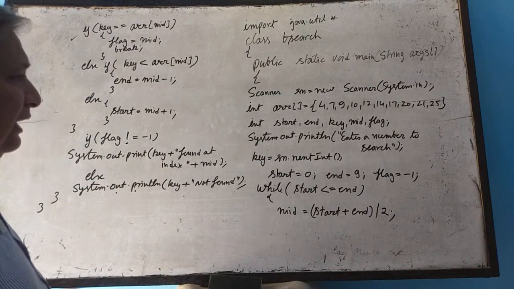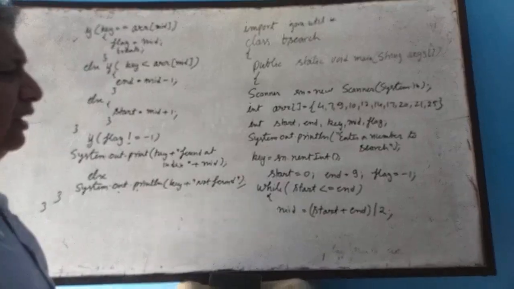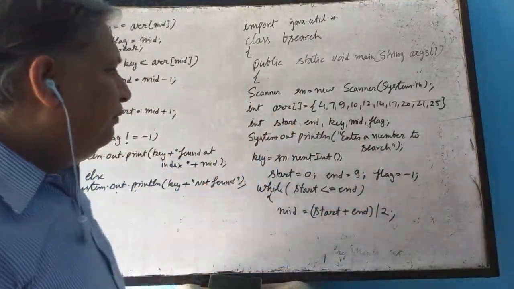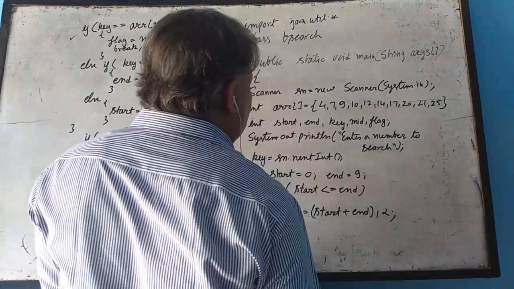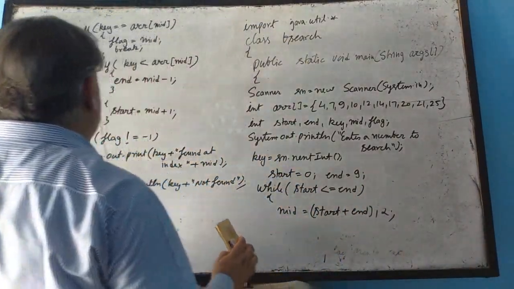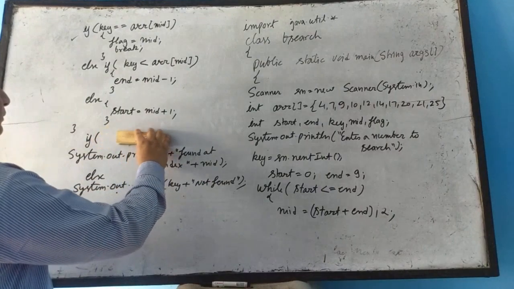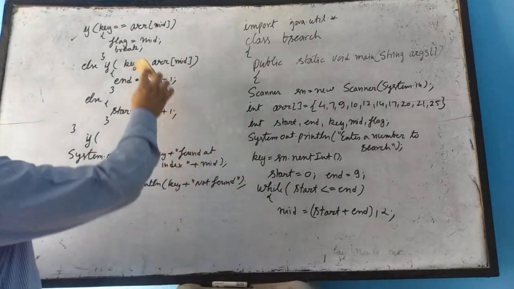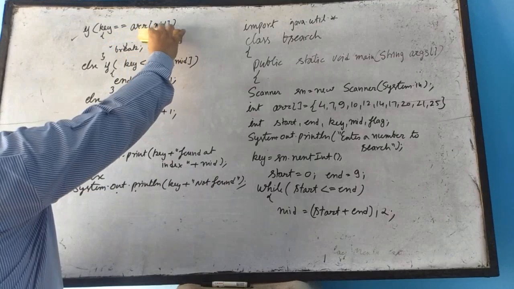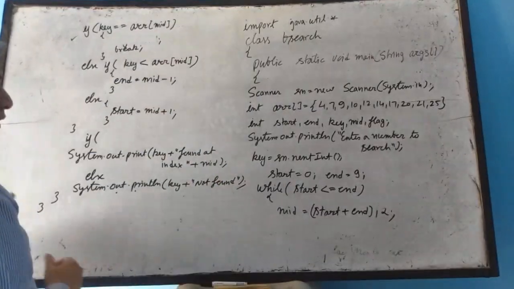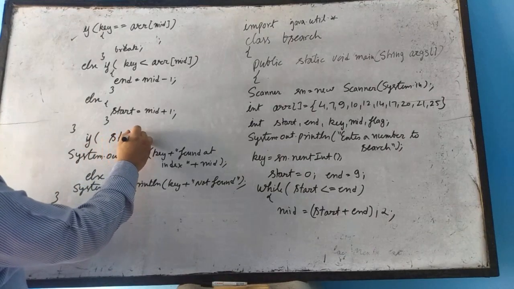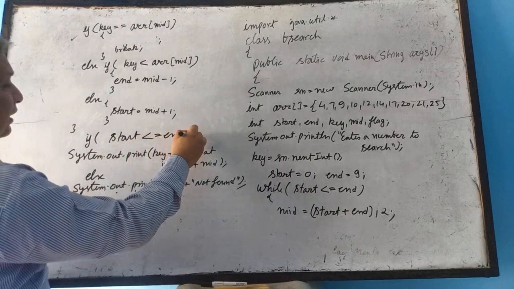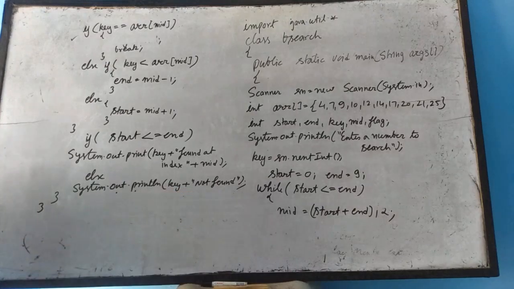Even we can remove the flag variable, without flag also we can do. In that case, if we do not use flag here, then we will have to change this condition. We will remove this flag equal to mid also. So we write if start is less than equal to end, it is found, otherwise not found.